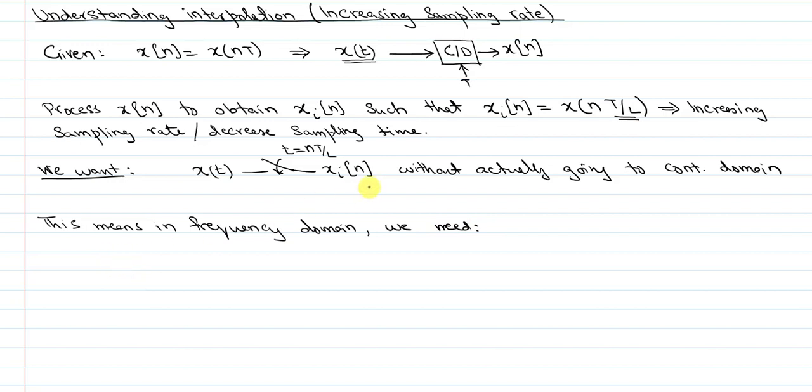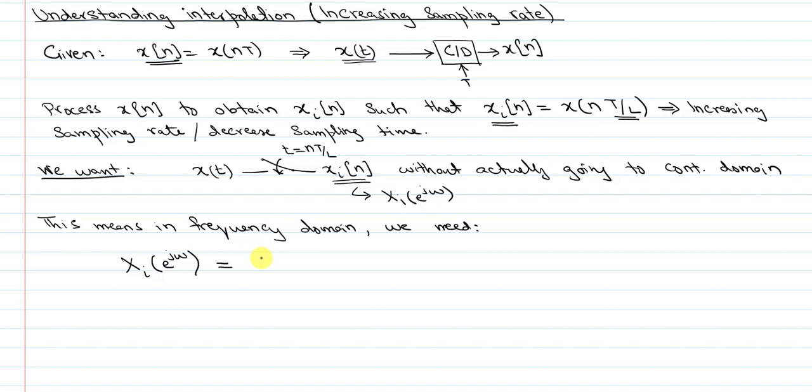If I denote the DTFT of this x_i[n] as X_i(e^{jω}), then from our previous knowledge of sampling theory, we know that whatever we do to the sequence x[n], the new sequence x_i[n] that we get must satisfy this relationship.